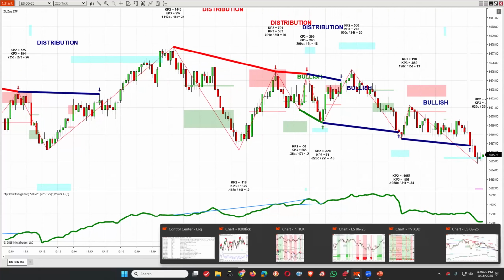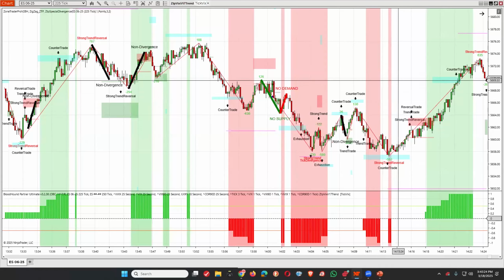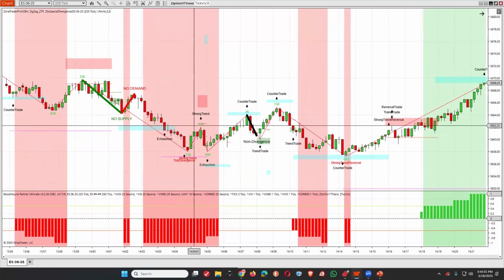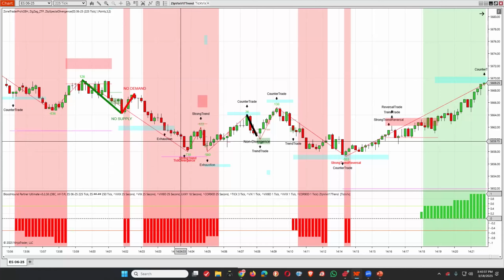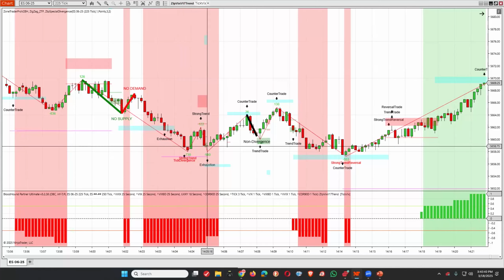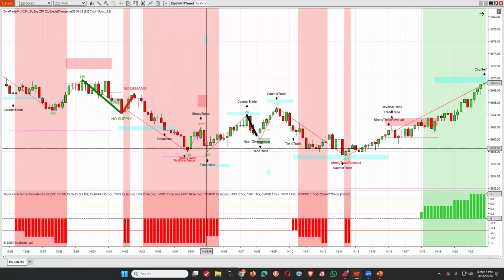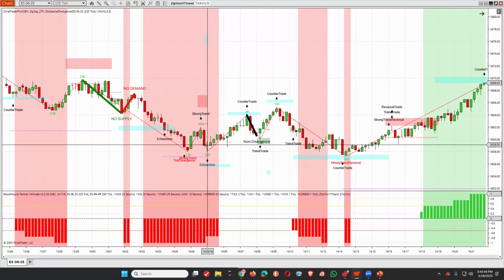And this is kind of like the number one thing that when I created my system, I didn't want to have things redrawing. So I gave a real strict kind of definition for entries in a trade. And so basically right here, we have this exhaustion pattern, which does a nice job of reversing a trend.